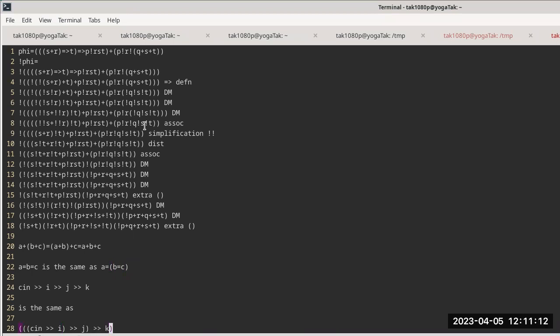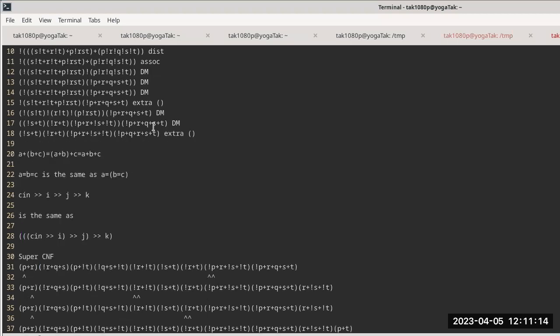I know I'm getting a little bit out of scope here because these are topics that should have been covered in CISP 440, not even 400.